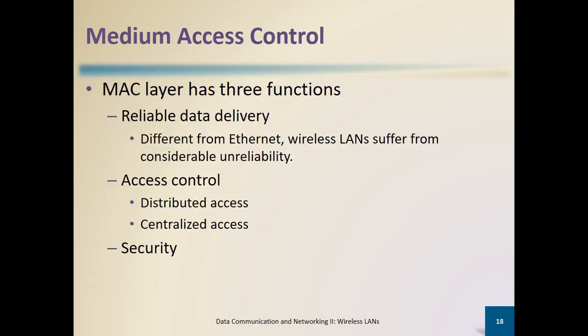So it's the job of the media access control, or the MAC layer, to address some of these key essential functionalities. So we can consider the MAC layer of the wireless LAN efficient, effective, or reliable.